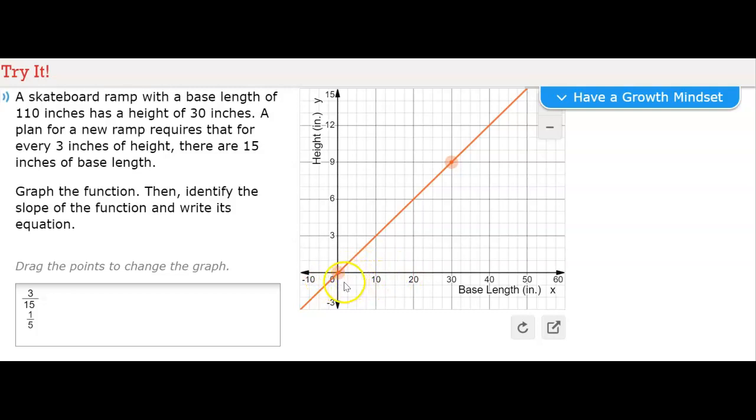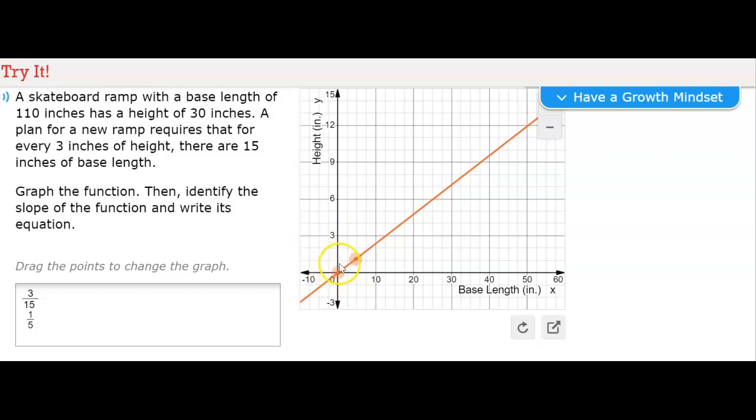So it looks like that's by 10. So in between, this will just be 5. So we went up 1, and these are increasing by 1.